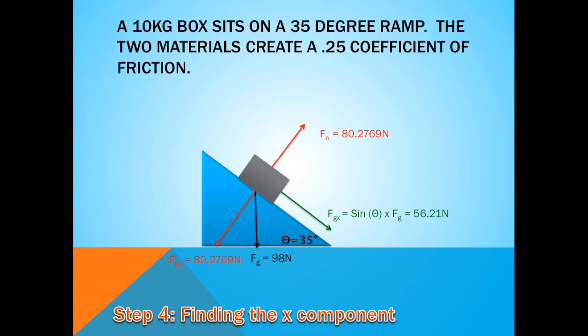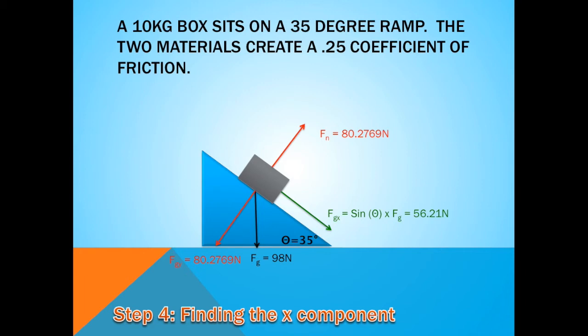So if we punch all those in, sine of 35 degrees times 98, we get 56.21 newtons of force, just openly unopposed. Now, if we didn't have a frictional force, that's actually all we'd calculate.